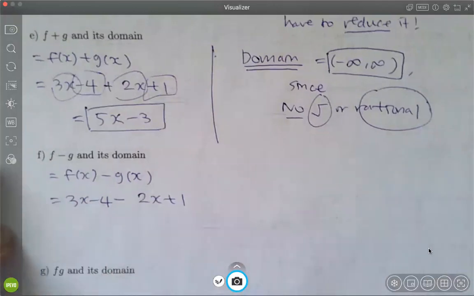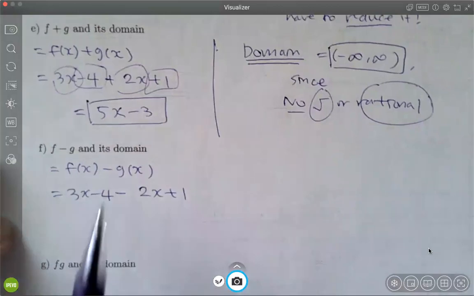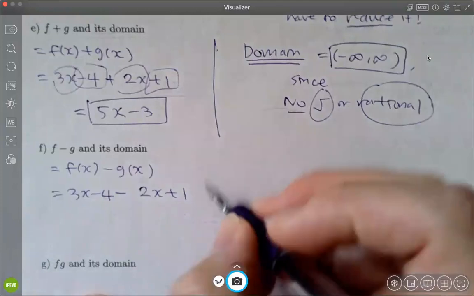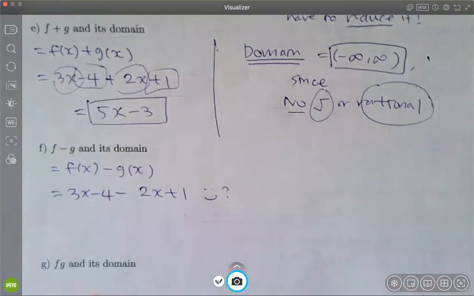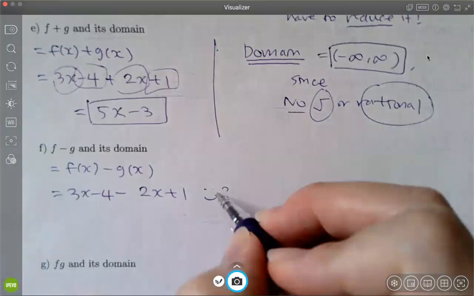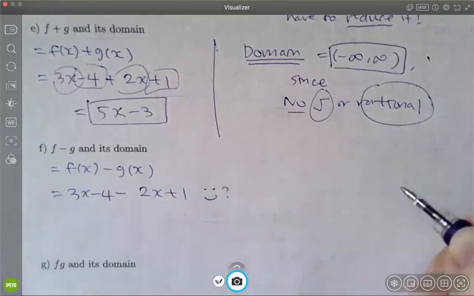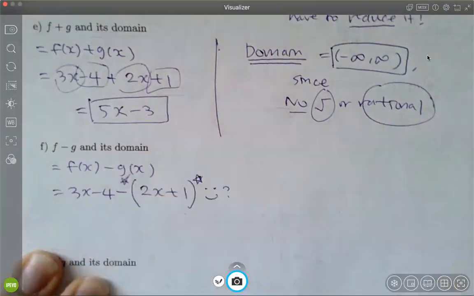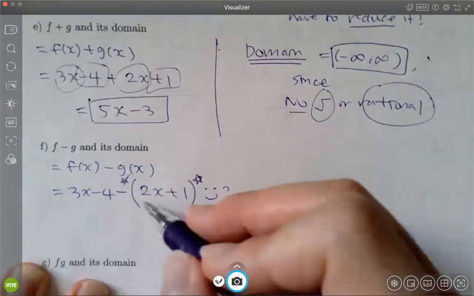So the answer is what? x and then minus 3, right? No, because you'd have to multiply the negative sign into each quantity, because you technically have parentheses around it. Did everybody hear that? So many people write 3x minus 4 minus 2x plus 1.